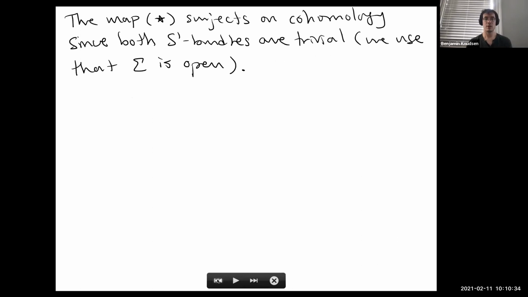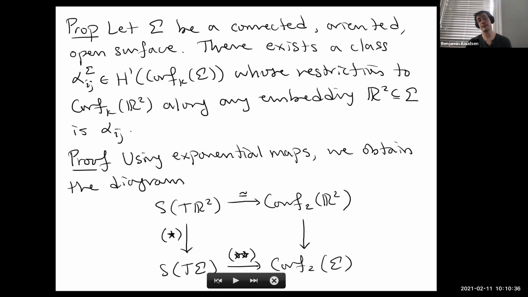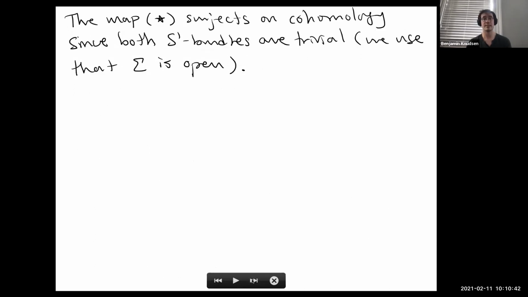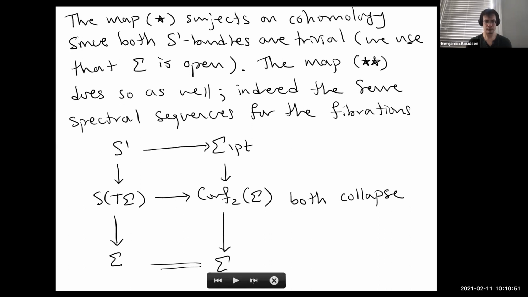What was the map star star? The map star star was this exponential map from the sphere bundle of the tangent bundle of sigma to the configuration space of 2 points in sigma. So why does that surject on cohomology? Well, it turns out that both of those things are actually fiber bundles over sigma. So I can project the configuration space of 2 points onto sigma by just forgetting one of the points. That's the Fadell-Neuwirth fibration, and the fiber of that is sigma minus the point that I forgot.